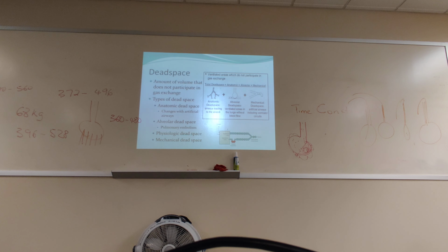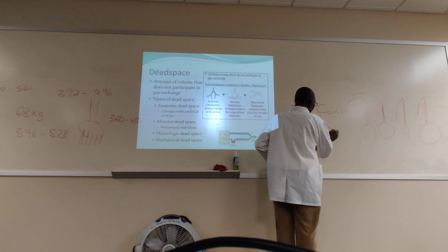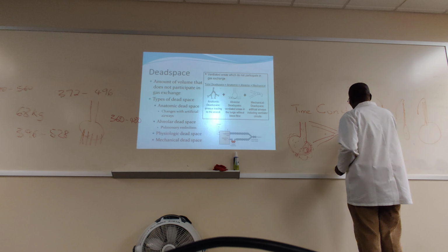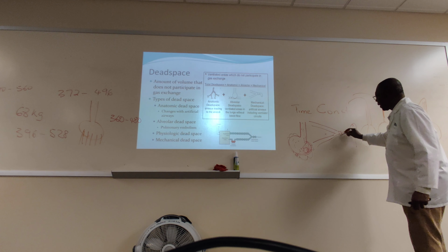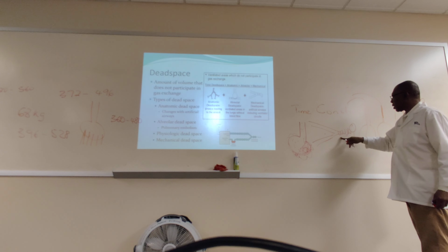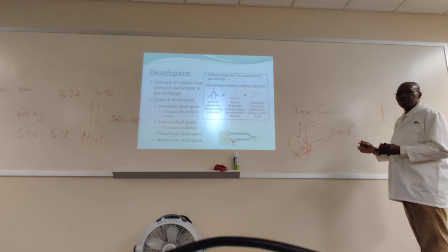And then mechanical dead space is the amount of volume that is between the ventilator Y and the patient. Right here. Anything here: your HME, your ballast, your capnography sensor, those 3 things usually connect here, and they will hold up some volume.